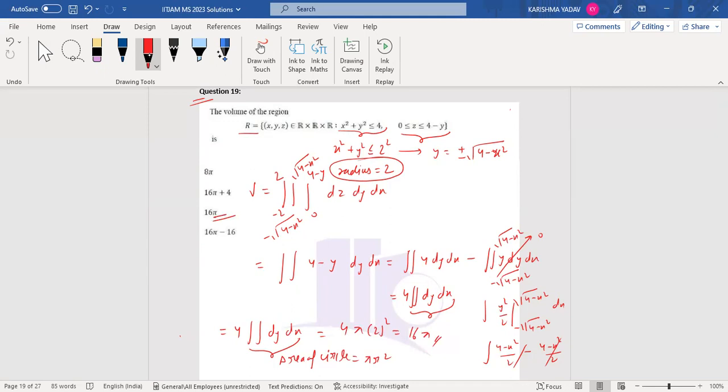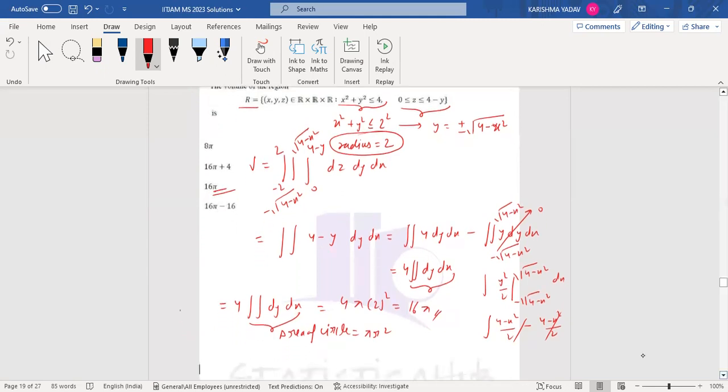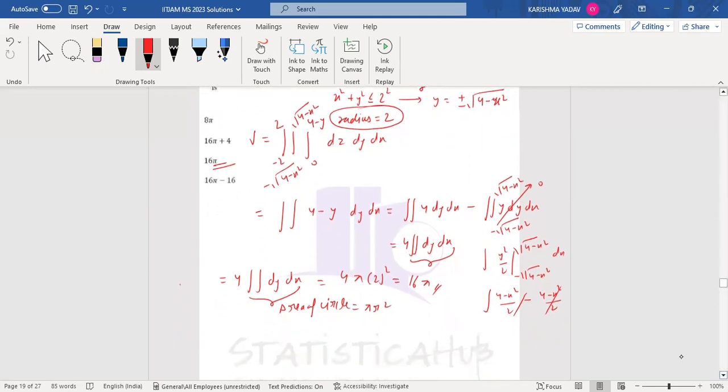If you didn't know that this is the area of a circle, then you just have to solve the triple integration, just go by the integration terms, and you will also get 16π.